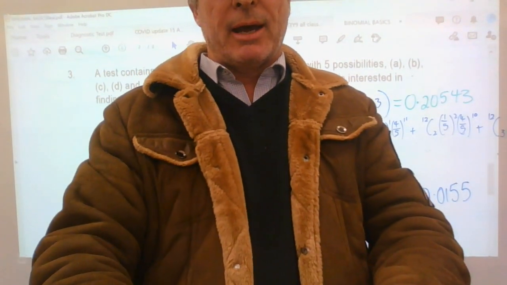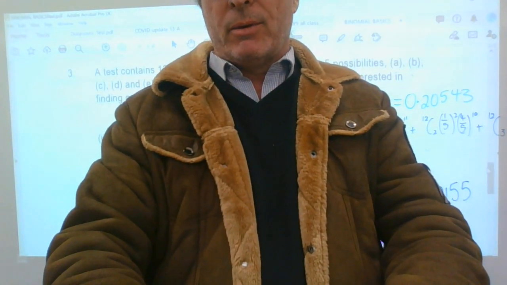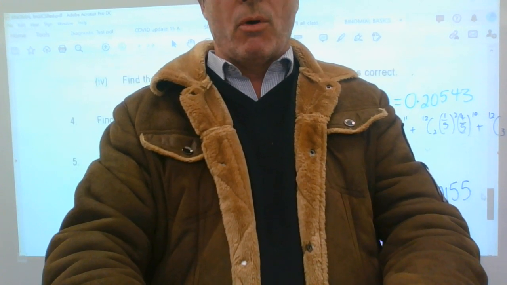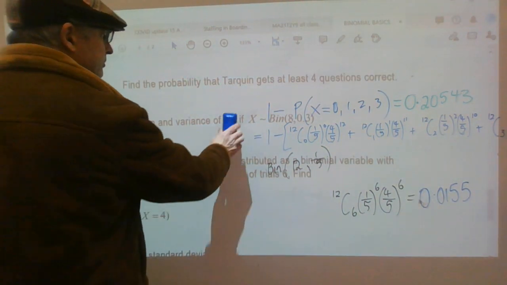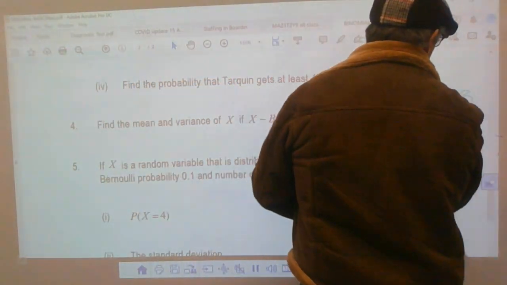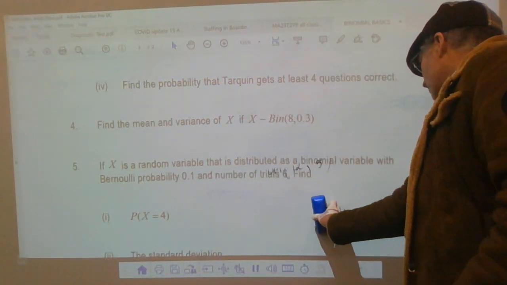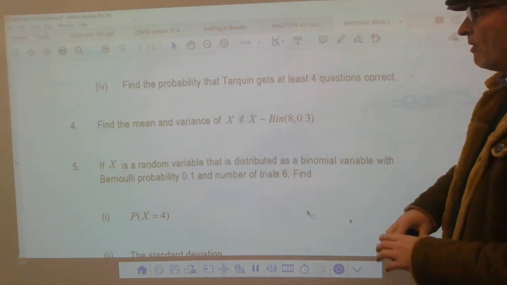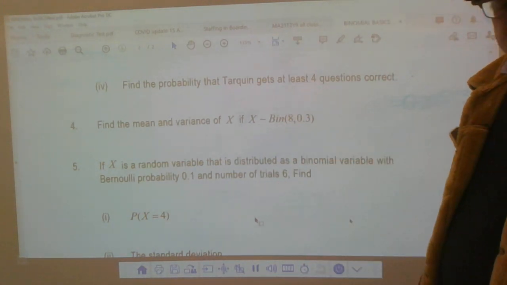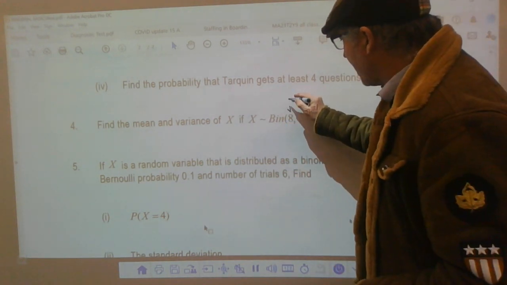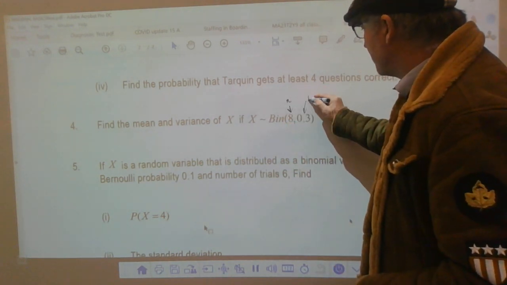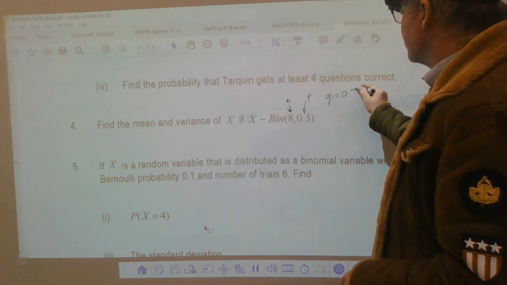Let's have a look at question 4. Find the mean and variance of X if it's that binomial distribution. So that's n, that's p, and q will be 0.7.